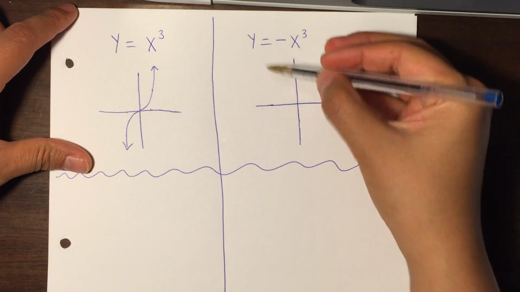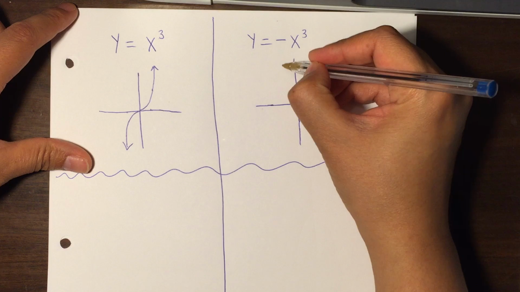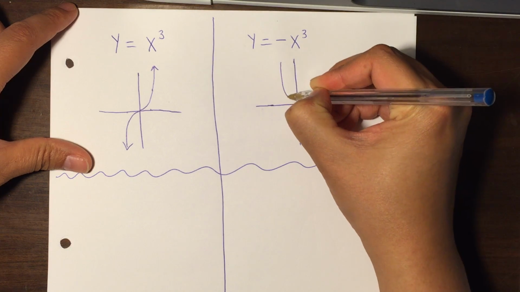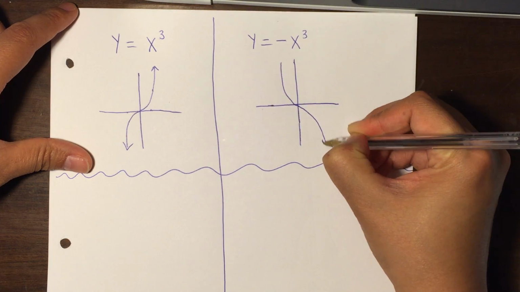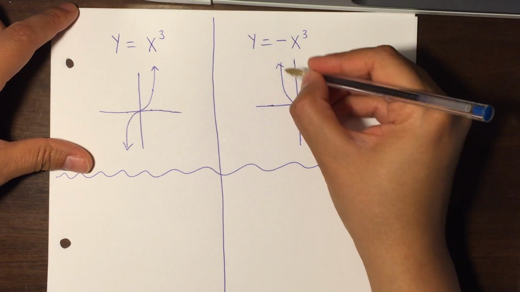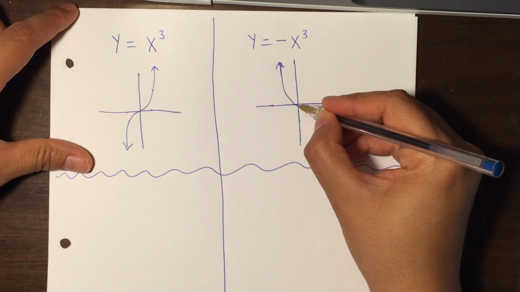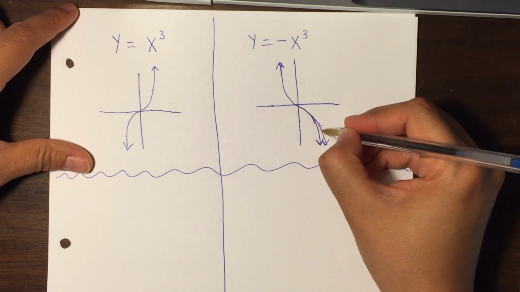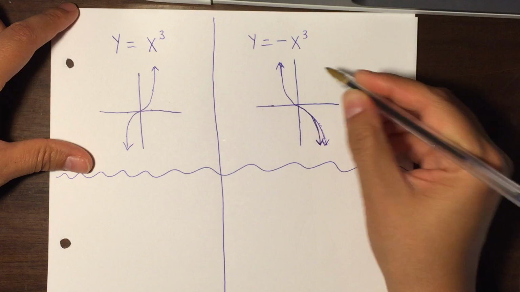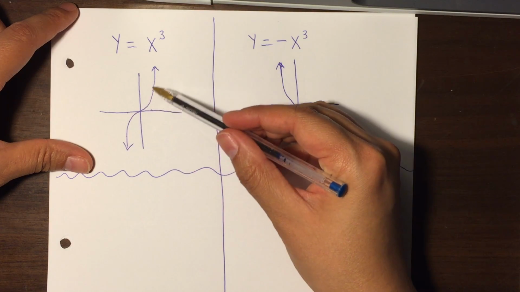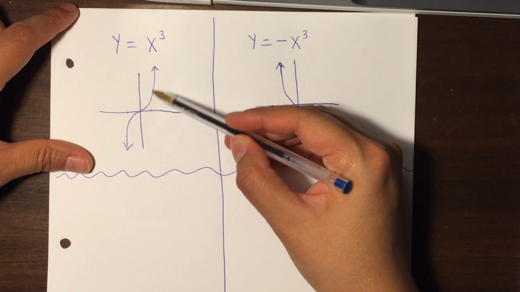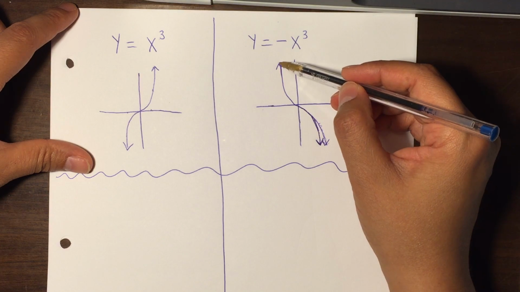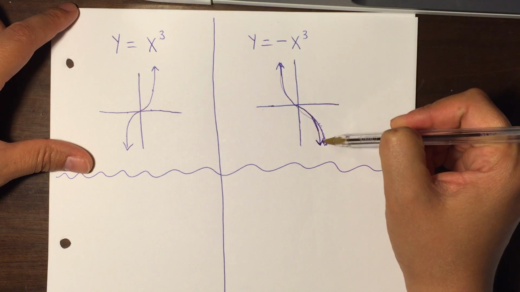Negative will go down, just like my line negative, but this is a curve. So it's gonna go like this. Whoops. A little better than this, but you get the idea. Okay, maybe a little closer to the y. Okay. And so again, positive, from left to right, it goes up. Negative, from left to right, it goes down. Okay.